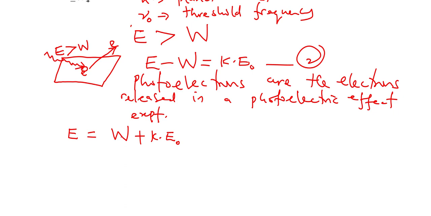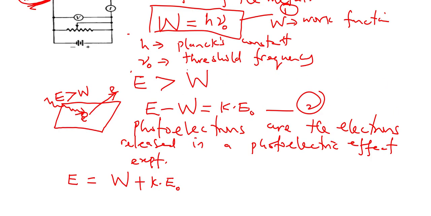Now we have defined what work function is. We said work function is h nu. That's equation 1. H is Planck's constant and nu is the frequency. In our last class, we wrote the formula for calculating the energy of a photon. We wrote it as h nu. So h is still Planck's constant and this nu is the frequency of the incoming photon, that is the incoming electromagnetic radiation that strikes the surface of the metal.